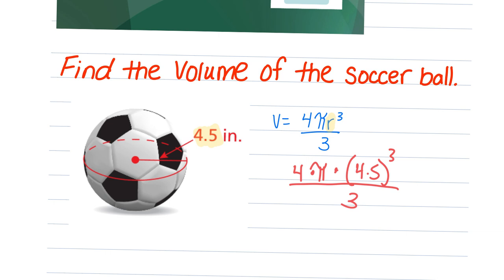What do you always take care of first in an expression like this? The exponents, right? So I'm going to do 4.5 to the 3rd power. That does not mean 4.5 times 3. I don't expect anyone to know what 4.5 to the 3rd power is without using a calculator. That's fine. So 4.5 to the 3rd power goes in my calculator first.